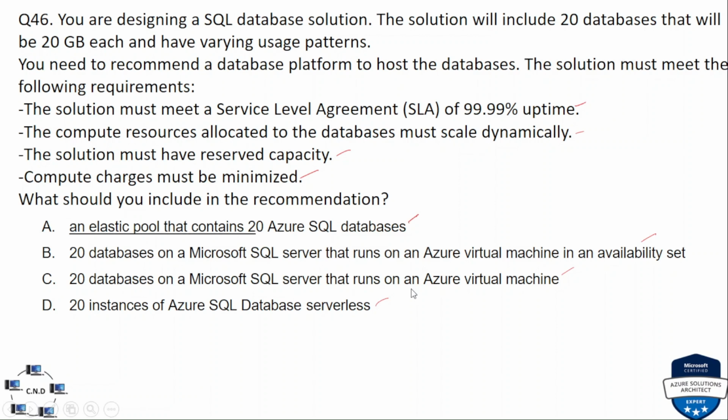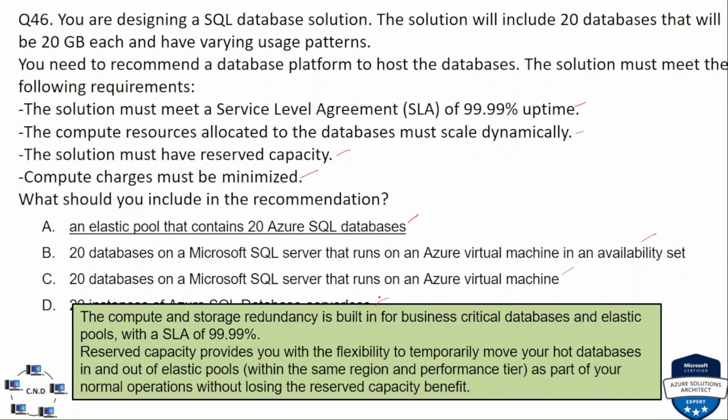And the correct option is option A, an elastic pool that contains 20 Azure SQL databases. Again, this is the correct answer and the explanation for the correct option. Again, you can pause the video and read the explanation.